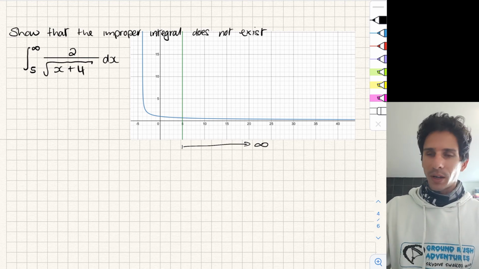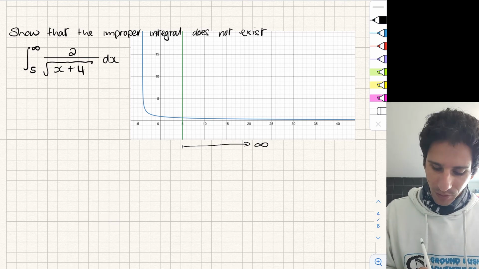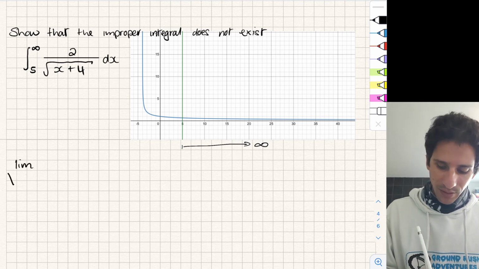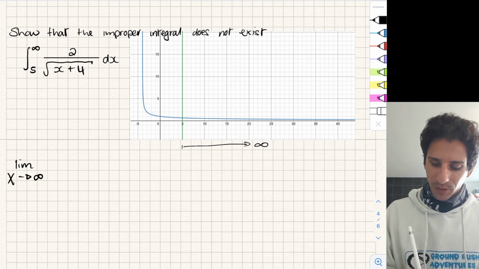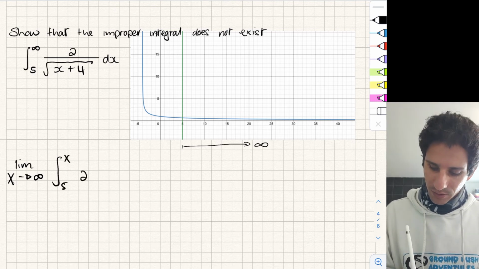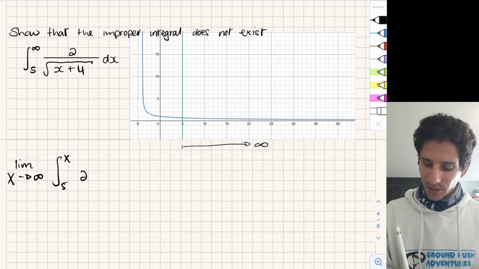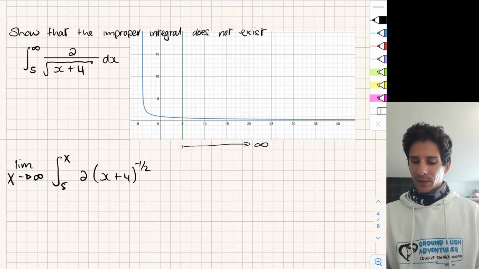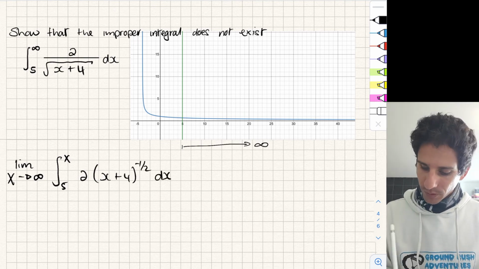We can't have an infinite number in our integral, so we're going to replace that with a variable. Let's look at the limit, and I'm going to replace that with x again, as x approaches infinity. I'm going to rewrite my integral with my new variable, and change this so that I can anti-differentiate. So we're going to have x plus 4 to the power of minus a half, with respect to x.